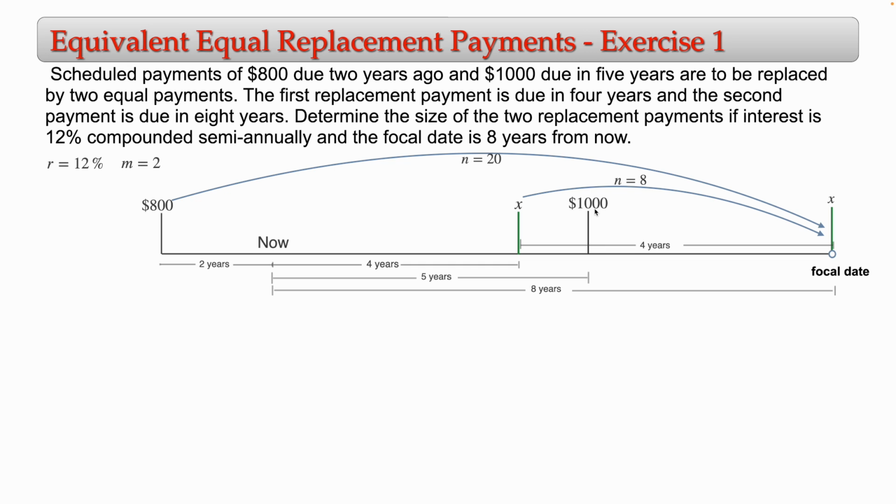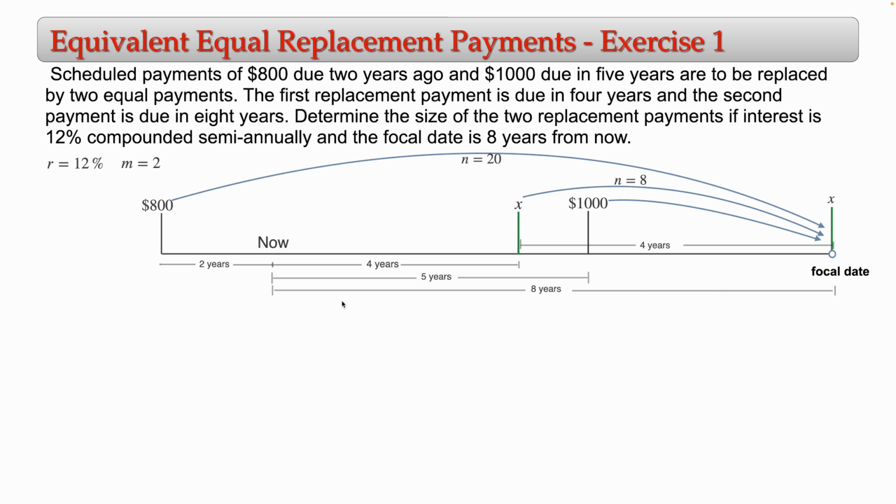But I need to compute the value of this amount at that focal date, because I need to compute the value of each amount at that focal date. And I need to know how long the time is between the scheduled date of this amount and the focal date. From now to this amount date is 5 years, and the time between now and the focal date is 8 years.